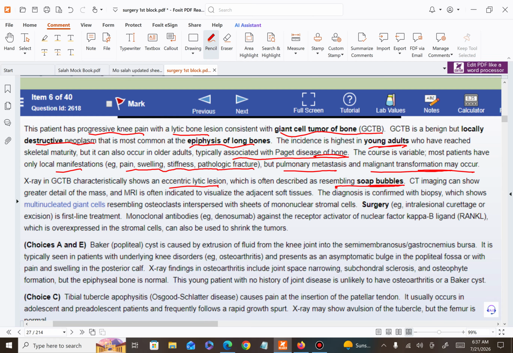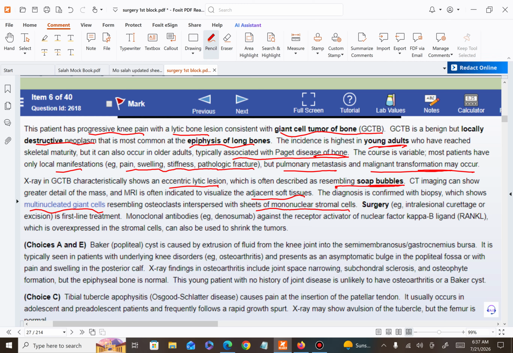CT imaging can show greater detail of the mass, and MRI is often indicated to visualize the adjacent soft tissues. The diagnosis is confirmed with biopsy, which shows multinucleated giant cells resembling osteoclasts interspersed with sheets of mononuclear stromal cells.